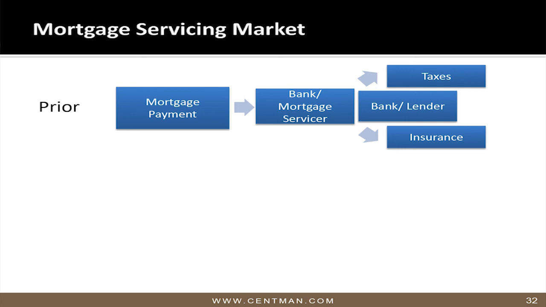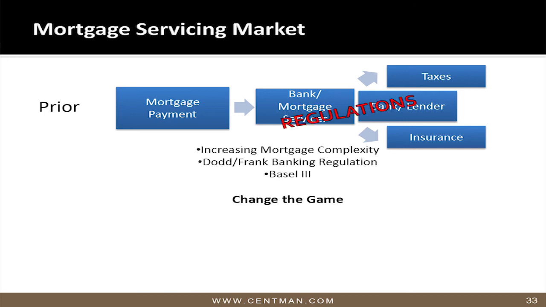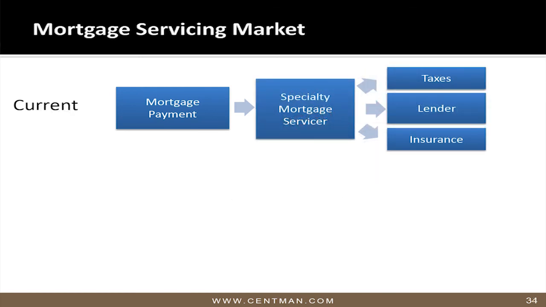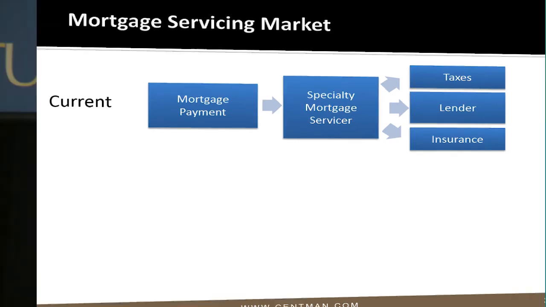In the old structure, the bank not only acted as the lender, but was also acting as the mortgage servicer. But thanks to these new regulations, the industry structure has now changed, such that the mortgage servicing, or that administrative function that was previously done by banks, is now being replaced by a group called specialty mortgage servicing companies. There's $10 trillion in mortgages outstanding in the United States that require servicing.